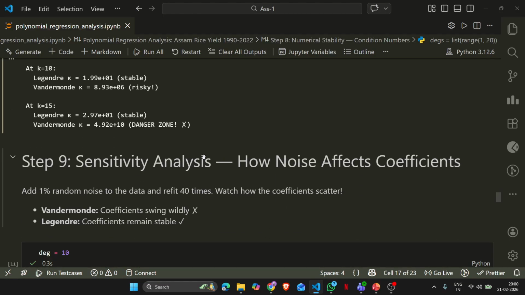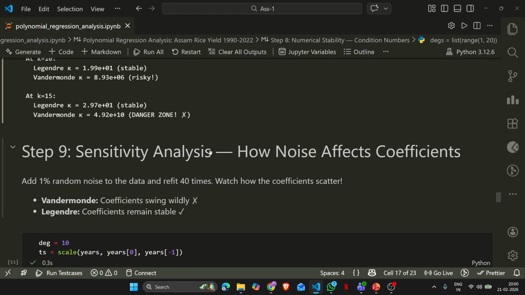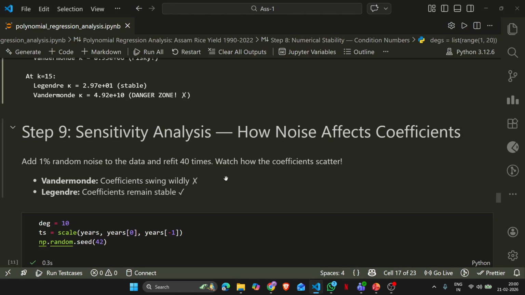when we do the sensitivity analysis, or just change data points in our data set, not by very much, we'll see that the Vandermonde coefficients swing very wildly, with a large standard deviation, while the Legendre polynomial coefficients remain stable.